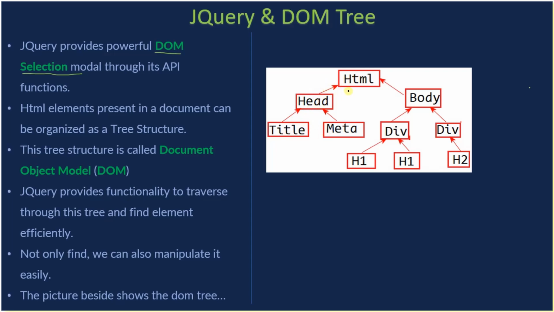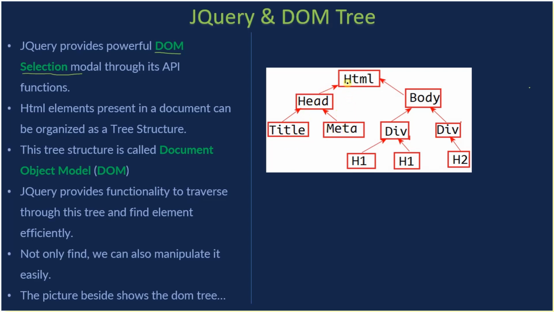And if you see the relation, this is HTML. Inside the HTML element, we have one more element sandwiched. We call that head. Inside head, we have two more elements. One is title, that defines the title of the page, and we have some meta information for the page.